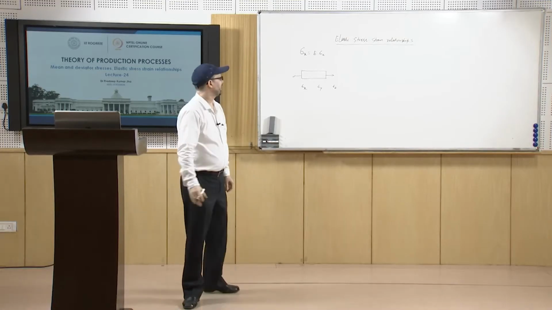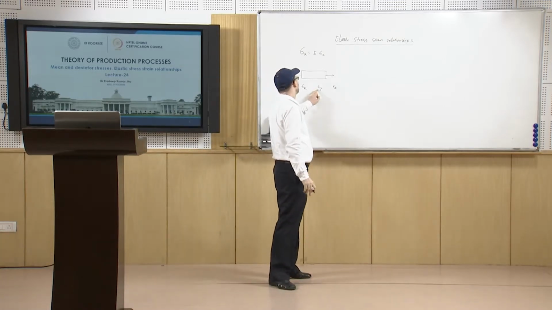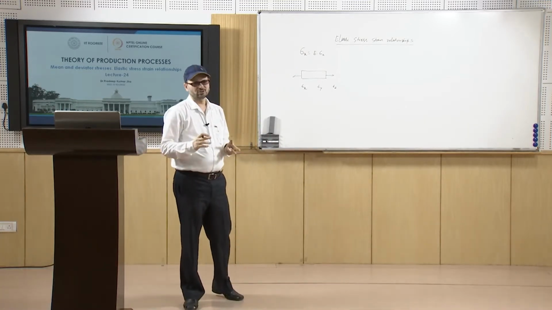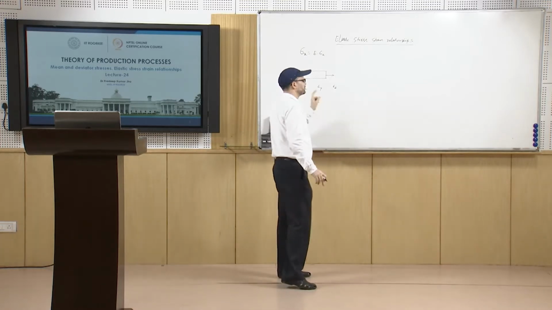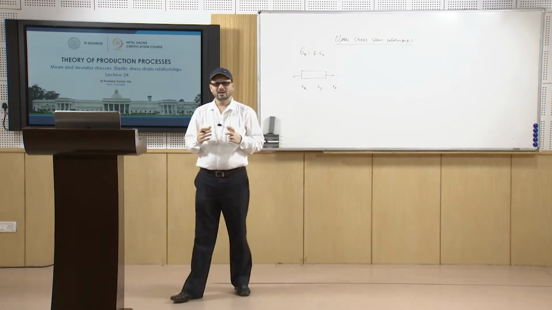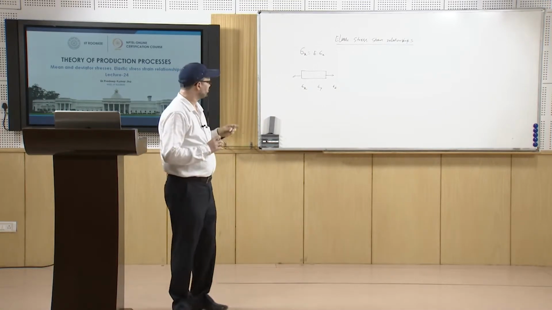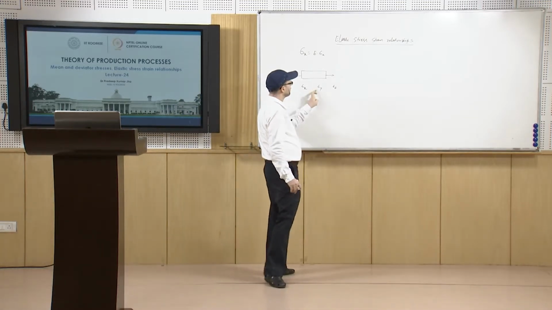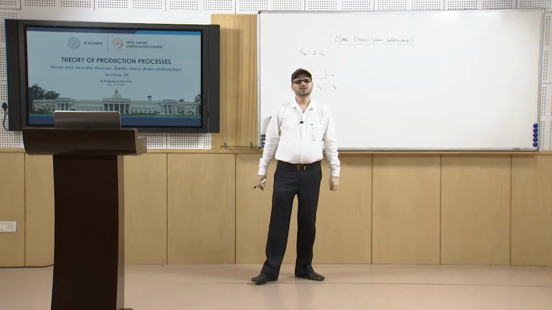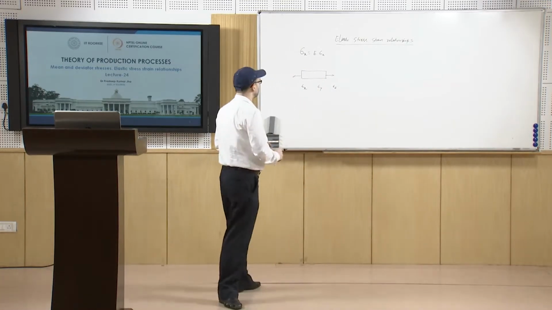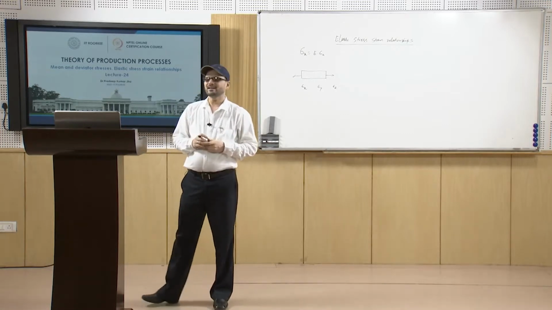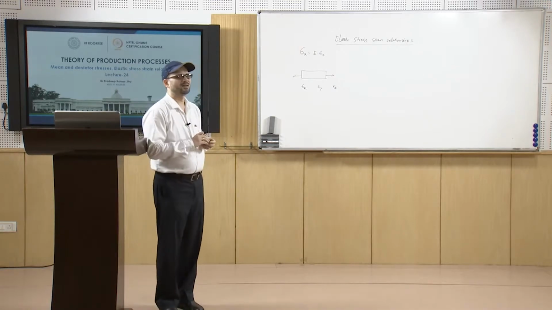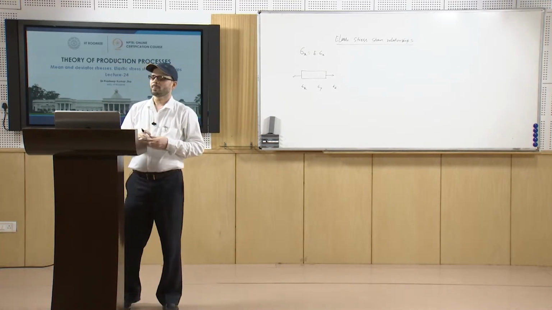Then epsilon y by epsilon x will be a quantity known as nu. Similarly, epsilon z by epsilon x is nu, and this constant is known as the Poisson constant. Certainly, if this is tension and these two are compression, they will have negative values. So, minus epsilon y by epsilon x will be nu, and its value is normally 0.33 for solids.